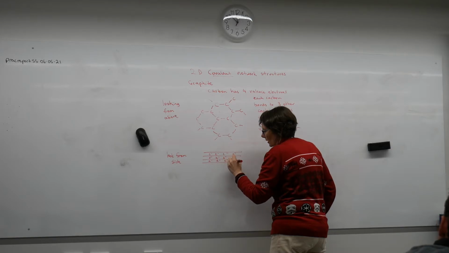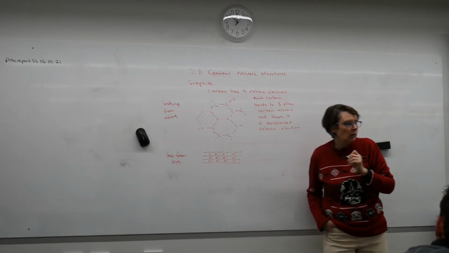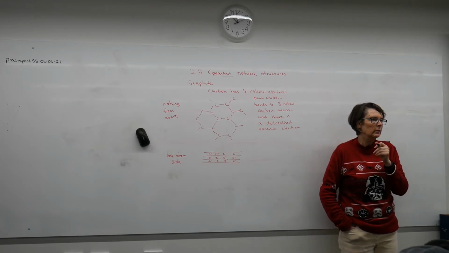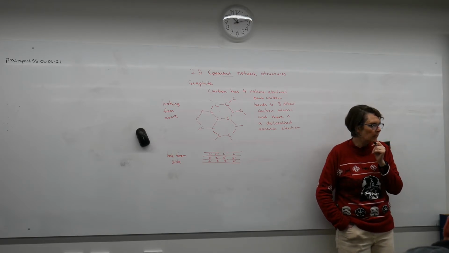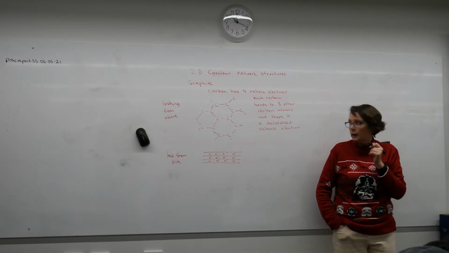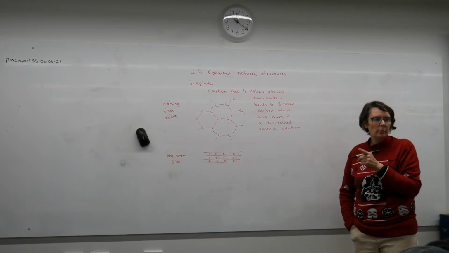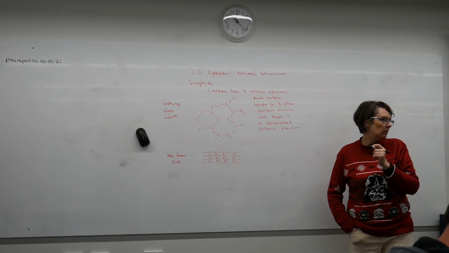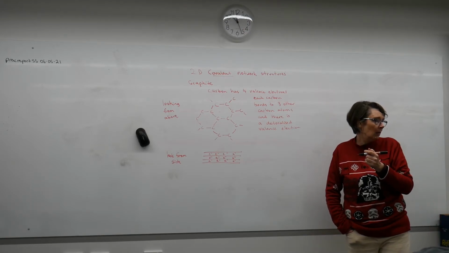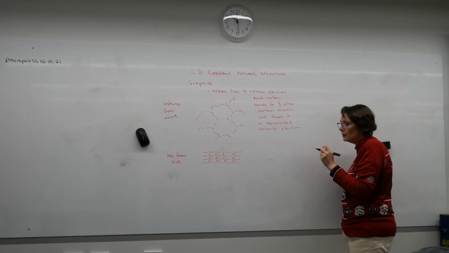In fact, they can travel through the layers as well. Now, what do you think this is going to do for the properties of graphite? It's going to be able to conduct electricity. Yeah, so it's a non-metal, covalently bonded structure that can conduct electricity and heat.